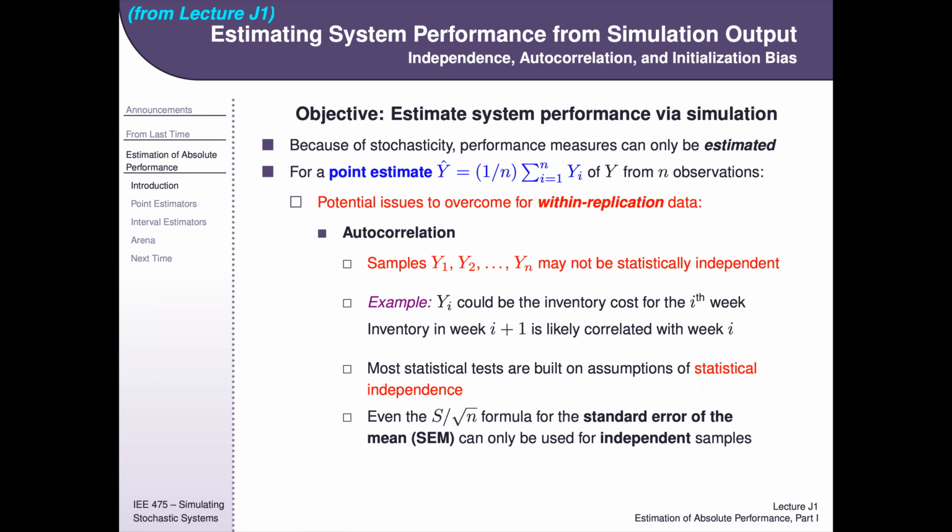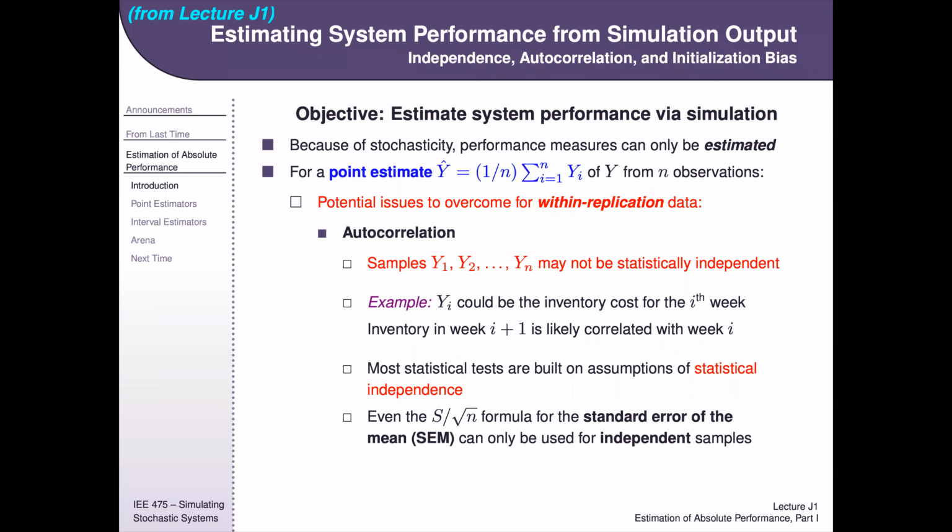Within replication data, I have far fewer tools that I can use. Within replication data, I have autocorrelation. So the earlier batch may correlate with the later batch, and so on. Because I don't have that independence, here I've got the inventory cost for the ith week. Well, if I consider that as my yi, then for the i+1 week, that inventory cost is likely still correlated.